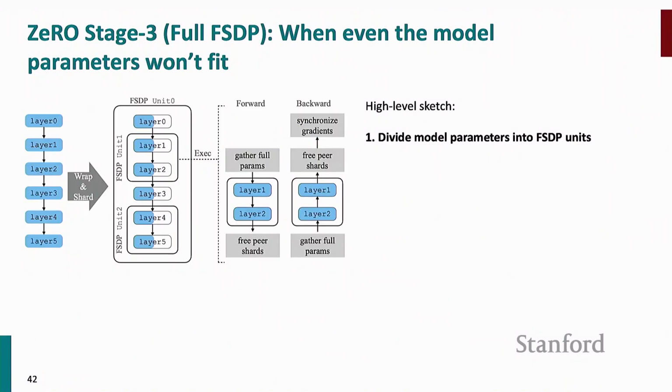You need to divide up your neural network into FSDP units. Depending on what policy you use for dividing up your parameters into FSDP units, there are different communication overheads. For example, it makes sense to have multiple consecutive layers in the same FSDP unit, and so on.